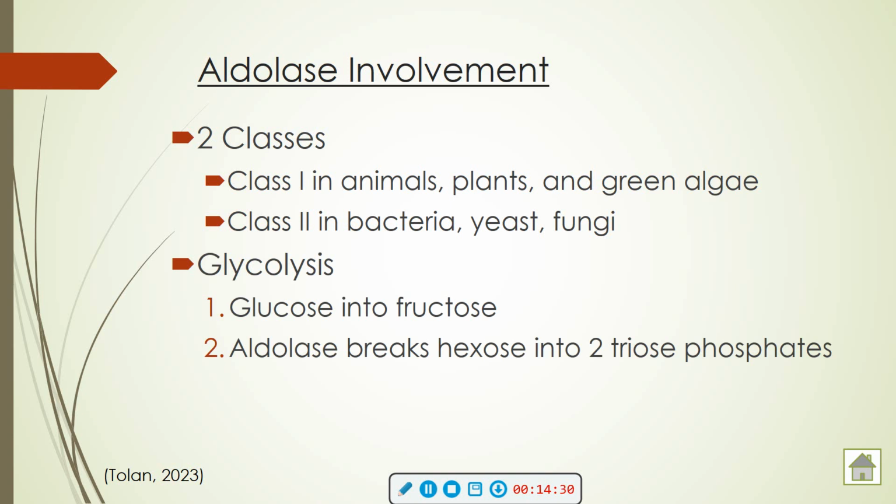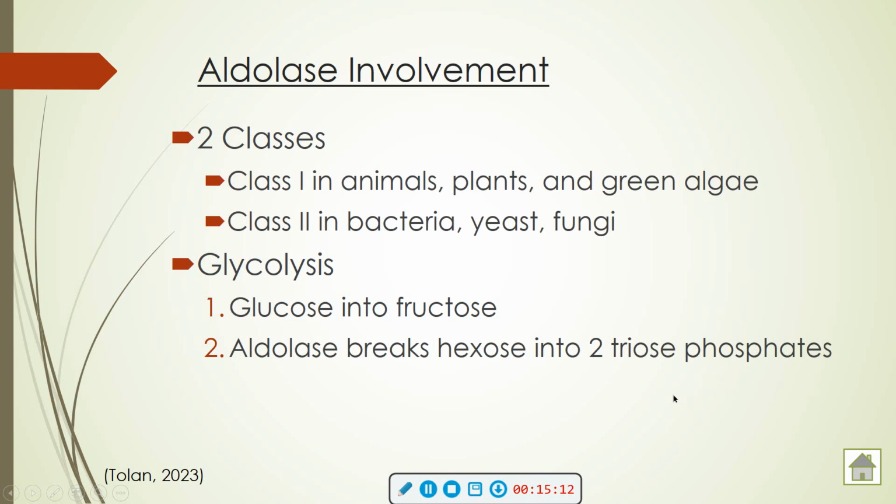So, aldolase is the enzyme that takes the glucose and breaks it up. Here, I say that it breaks up the glucose and becomes fructose. The reason it says aldolase breaks hexose: hex, as in hexagon, 6 sides. Remember that I said that glucose is a 6-carbon molecule. So it takes the 6 carbon, the hexose molecule, and turns it into 2 of the triose, meaning 3 carbon phosphates.